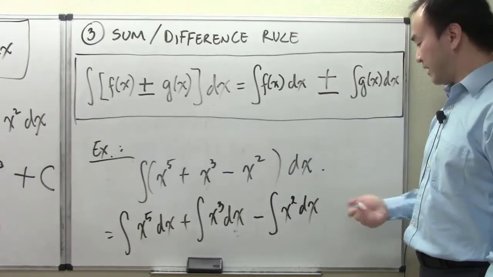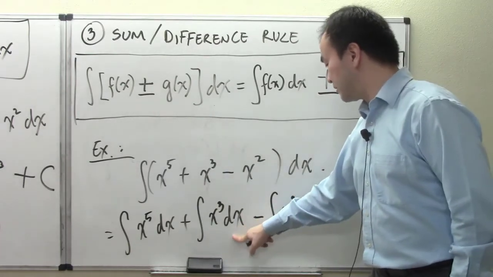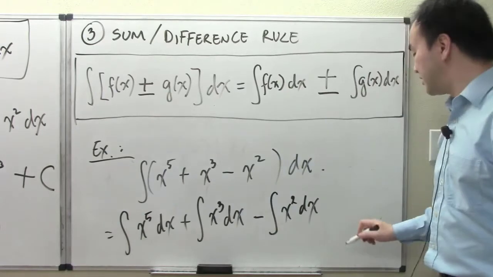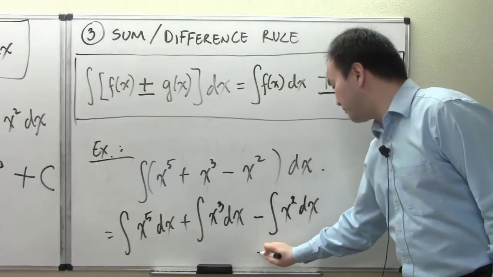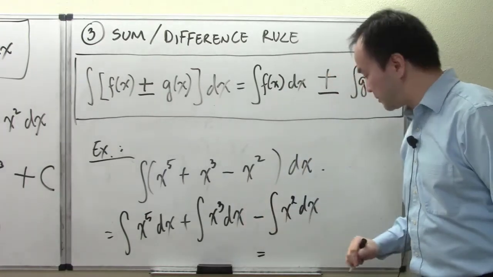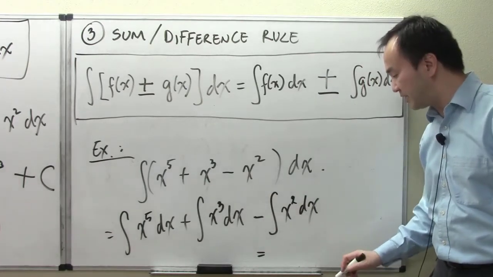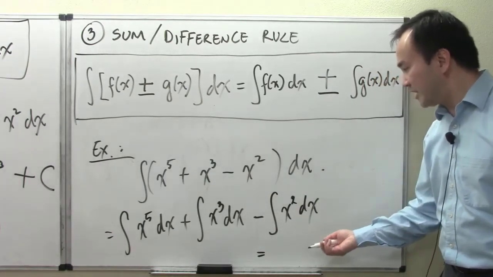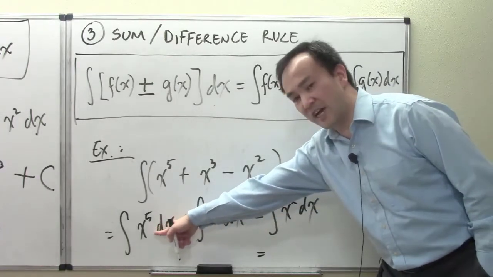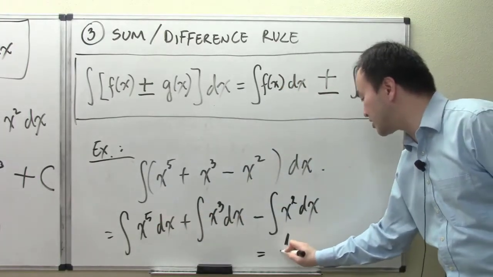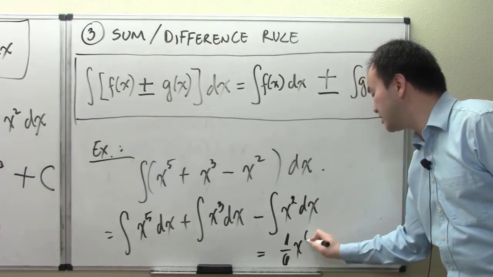Okay, and so at this point we can find the answer quickly and easily. I'm running out of space on my writing board, so I have to write a little squeezed at the bottom, and it might look a little hard to read. The first antiderivative gives me 1/6 x to the 6.